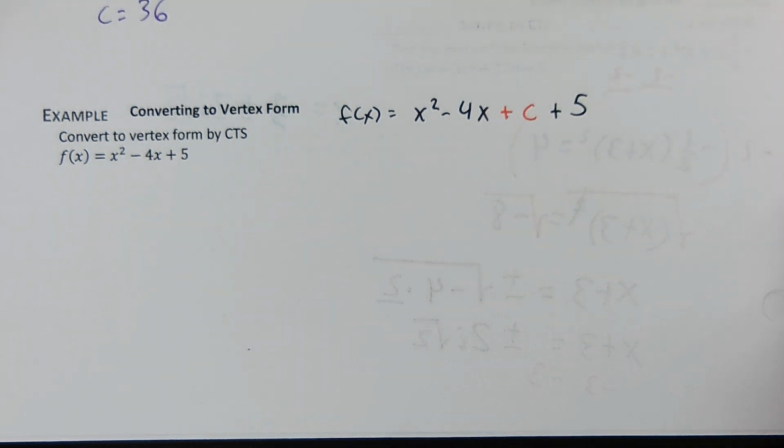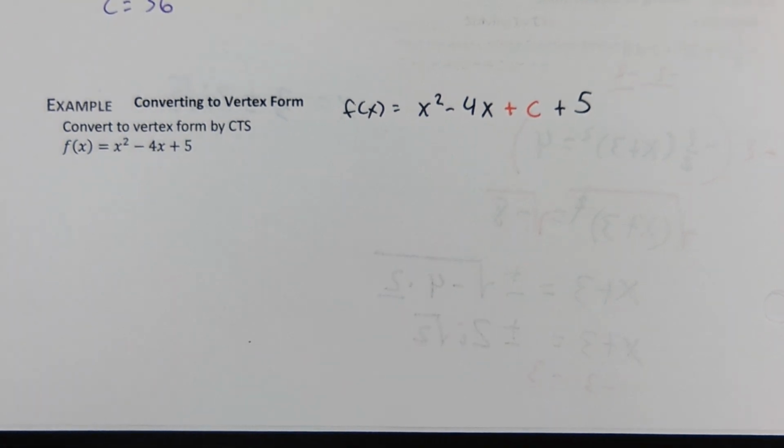We have a problem though. When I figure out what that magic C value is, I will have changed my equation. And I'm not allowed to change the equation. So let's track down that magic C value real quick. Don't move ahead without me though, please. Let's take our middle term.